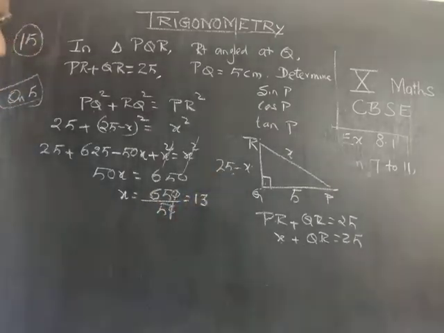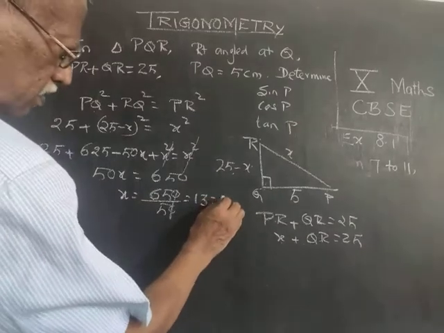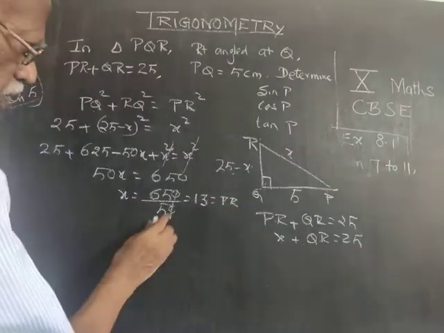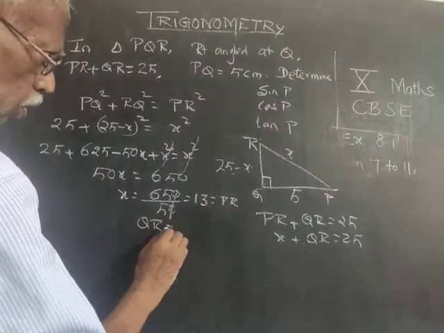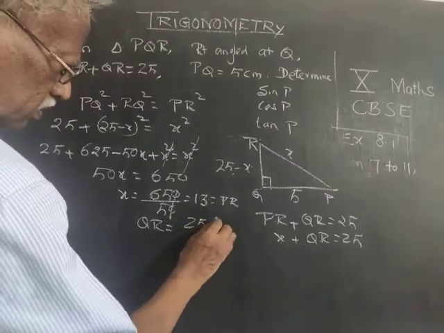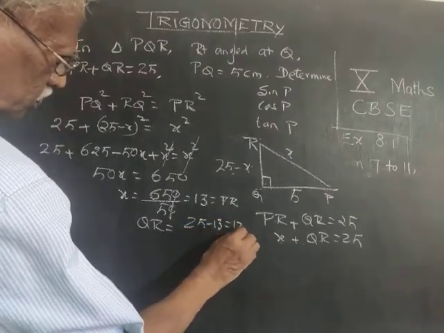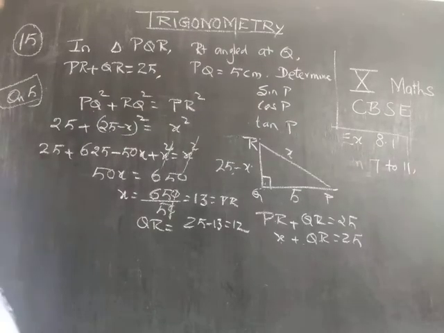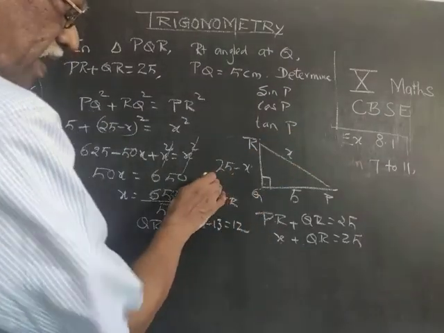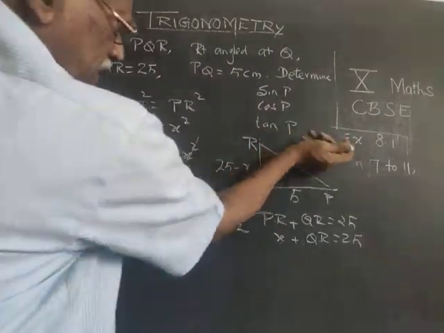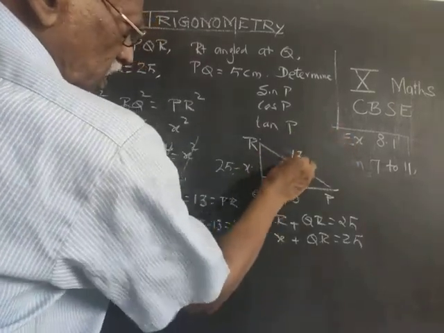That is the hypotenuse, your PR. Then what is QR? QR equals 25 minus that, so 12. So instead of writing X and 25 minus X, I am replacing X with 13, and this is 12.